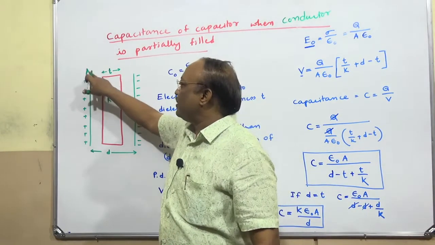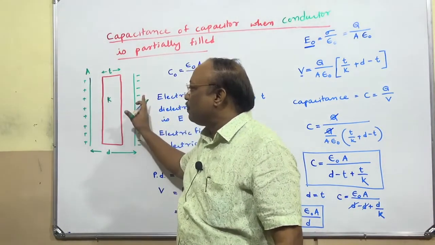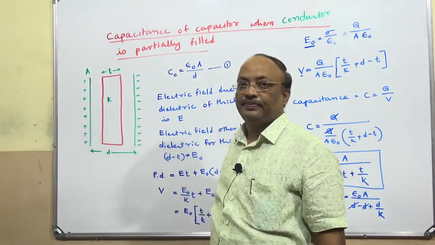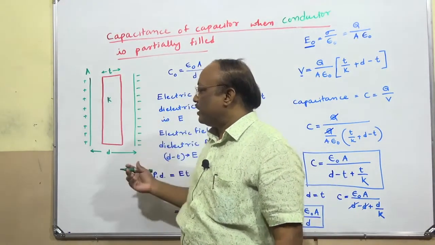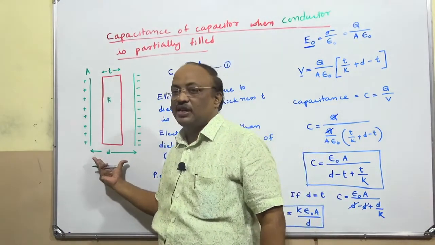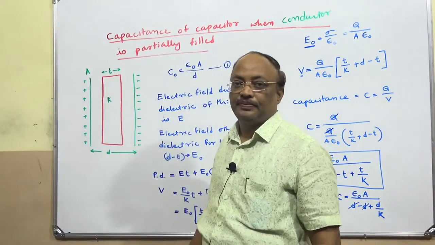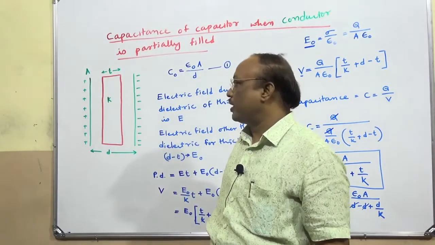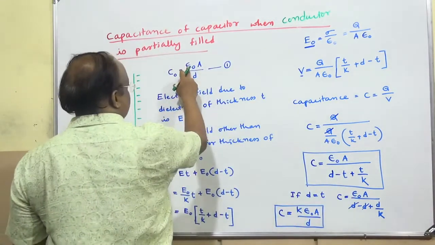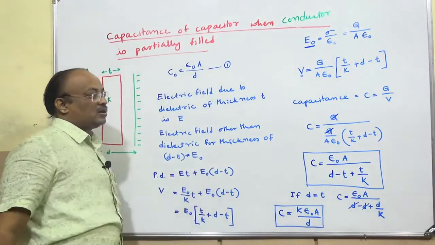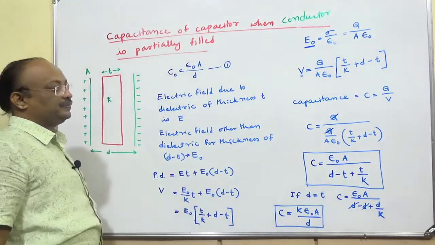Let A be the area of the plates, separated by a distance D. Then we have the initial capacitance equal to epsilon naught A by D.